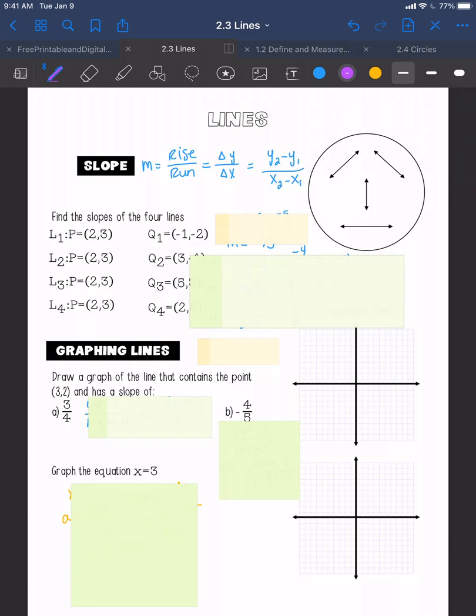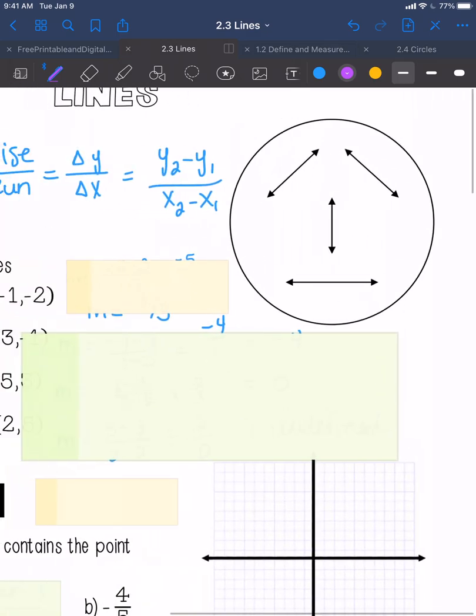Here I have Mr. Slope Dude, so we're going to talk about the different types of slopes you can have. So first, when we rise from left to right, that's a positive slope. When you fall from left to right, that's a negative slope. Vertical lines have an undefined slope. And horizontal lines is like walking on a flat surface.